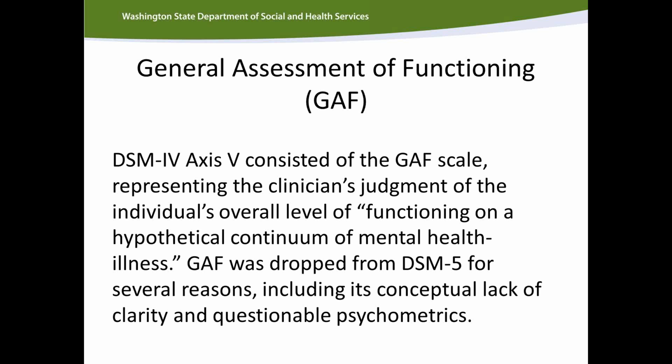This represented the clinician's judgment of the individual's overall level of functioning, and this was within a hypothetical continuum of mental health and mental illness, ranging from, well, probably no one had a 0, but it went all the way up to 100, and it was really very subjective, very clinician controlled in a way. Two clinicians could look at the same data and have relatively different levels of functioning.